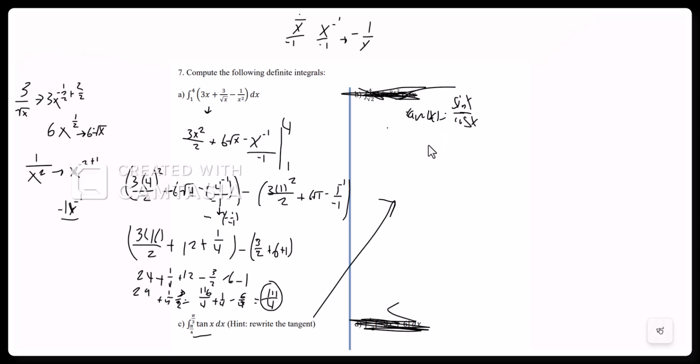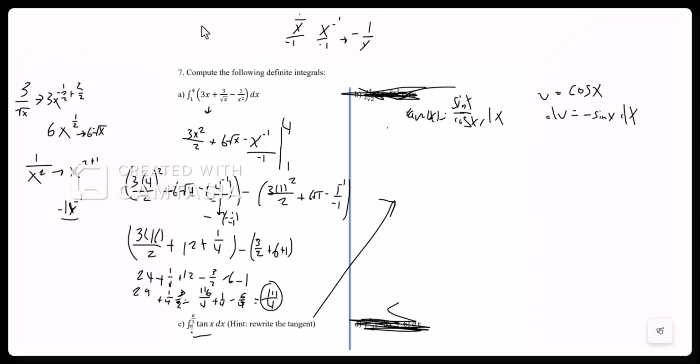So because of this integral, we want to use u substitution here. So we break it up more. In order to get rid of the sine over cosine, we must use cosine. I'll explain why. Because when you find the derivative of a cosine, you get negative sine x dx.